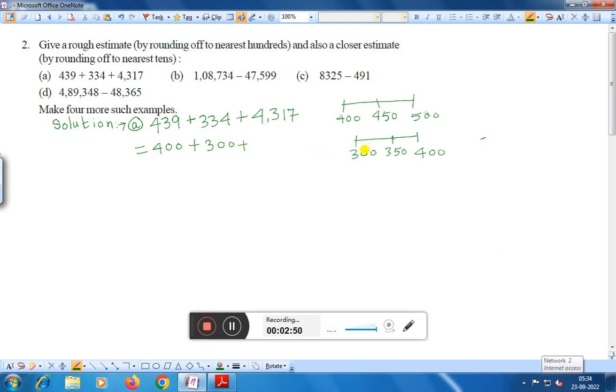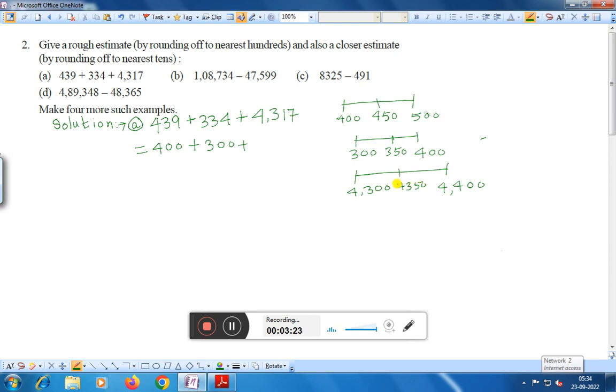4,317. That means this number lies between 4,300 and 4,400, and the middle point is 4,350.